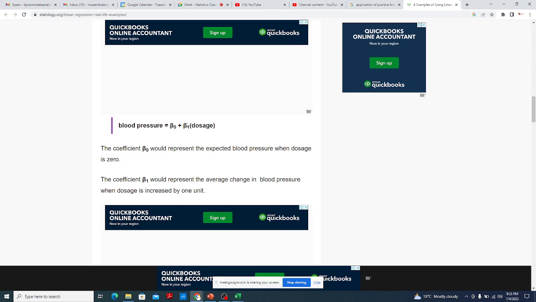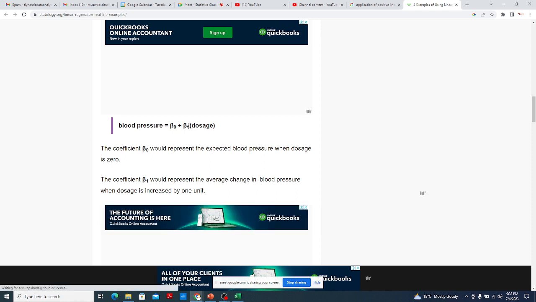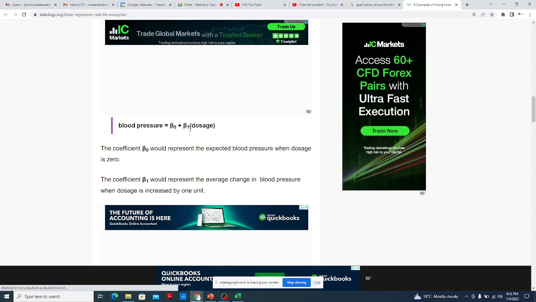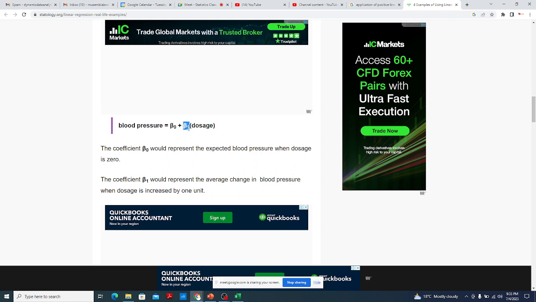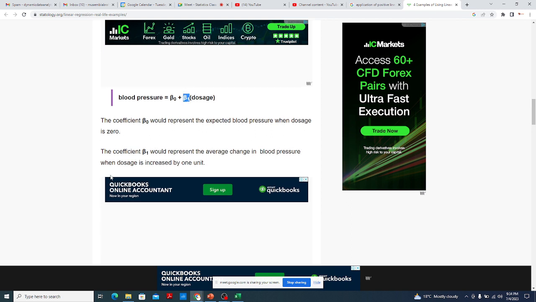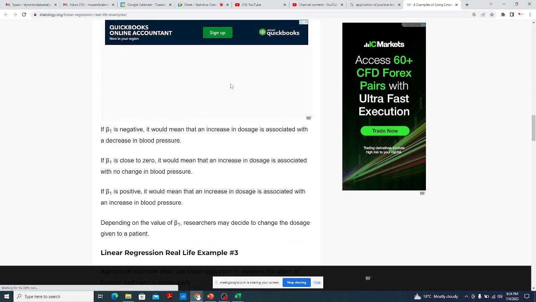Then after administering the first dosage, the rate of change will be represented by B1. The coefficient B1 represents the average change in blood pressure when the dosage is increased by 1 unit.